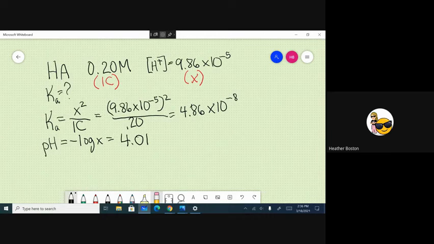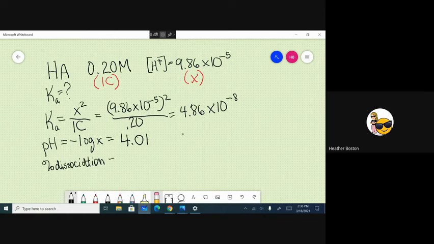They also asked us to find a new one, which is called percent dissociation. This is going to look a little familiar to you because the percent dissociation is exactly the same calculation as the 5% rule.